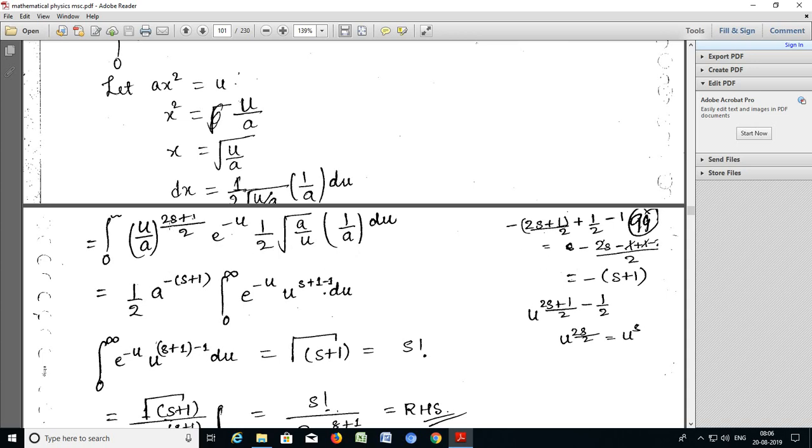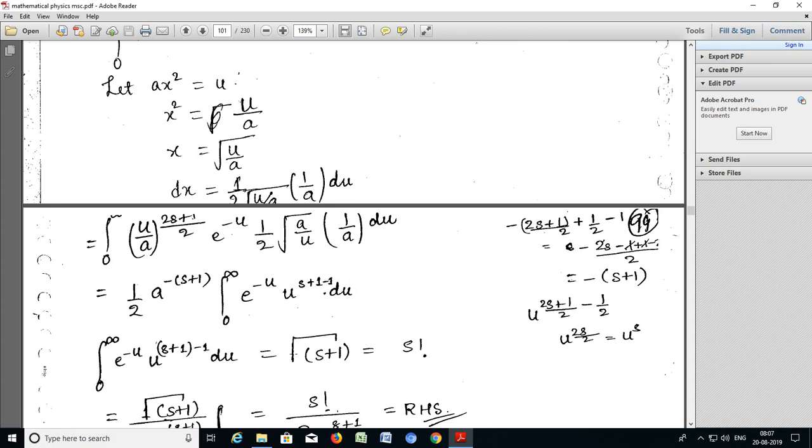Now you can check it. u to the power 2s plus 1 by 2, this is what? Plus half minus 1. So if you solve this relation, this is equal to u raised to the power s. So we can also write u raised to the power s plus 1 minus 1 into du. Now why are we writing this?